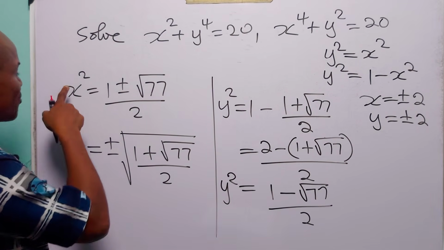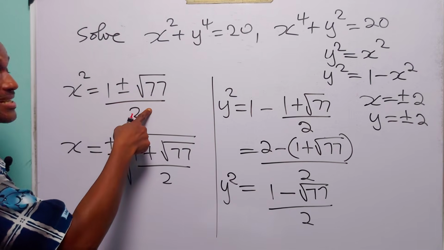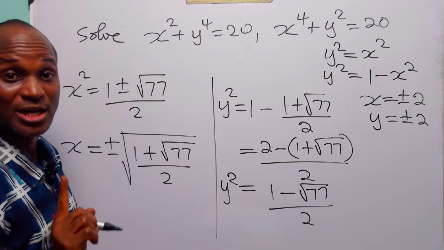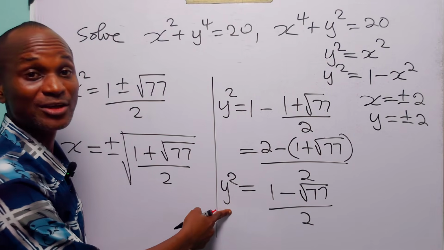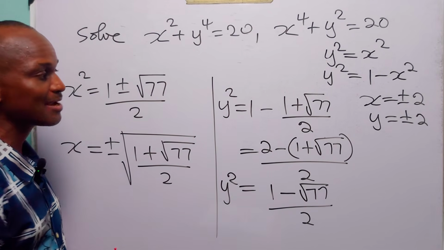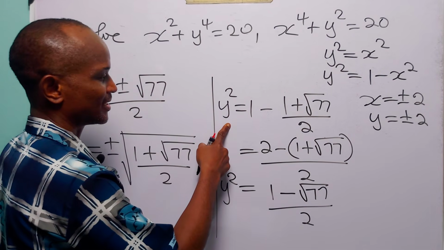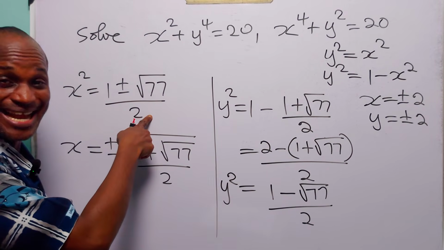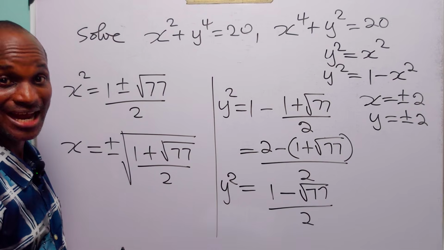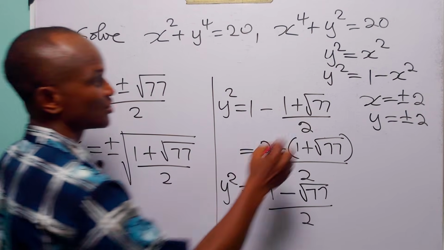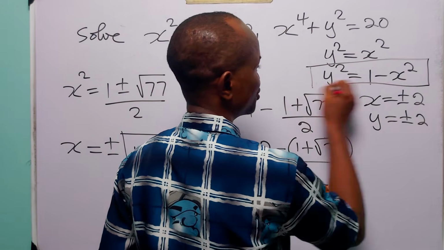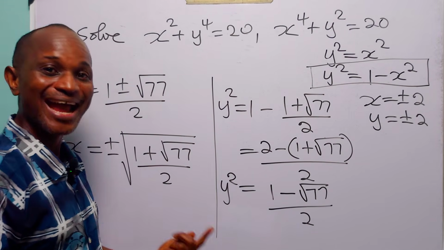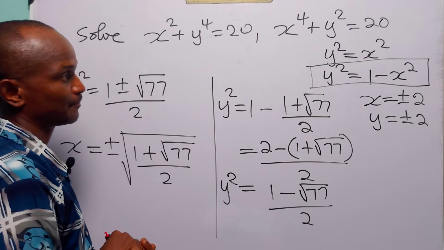So you can see that when x squared is positive, y squared is negative, which is going to yield imaginary values of y. And in the same way, when y squared is positive, then x squared is going to be negative, which is going to yield imaginary values of x. So this second condition does not yield any real values of x and y.